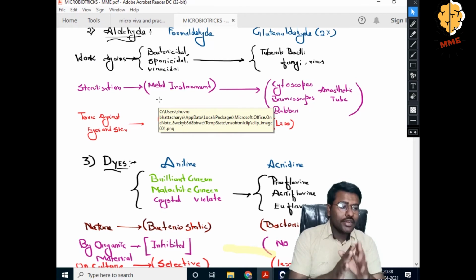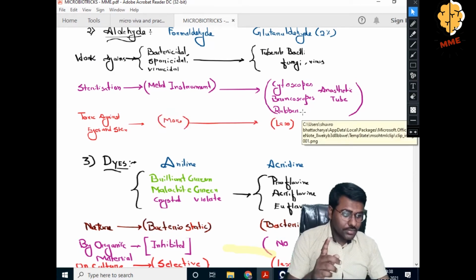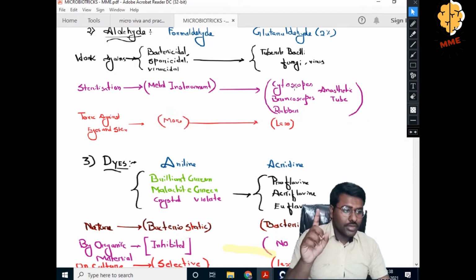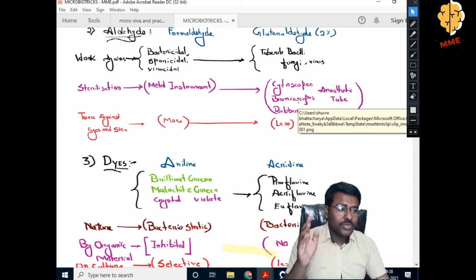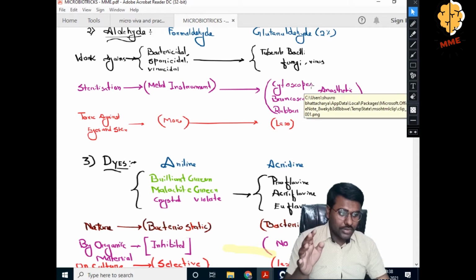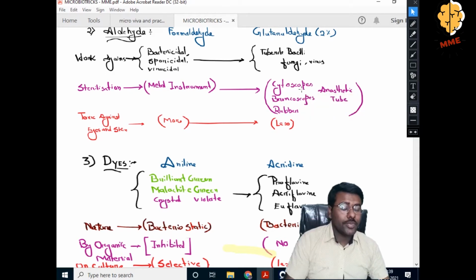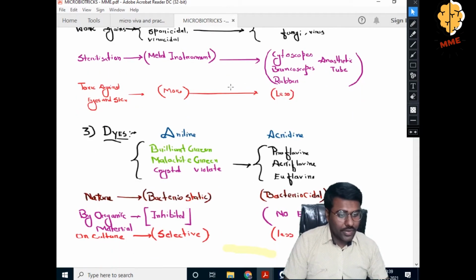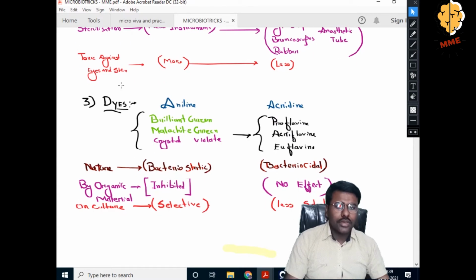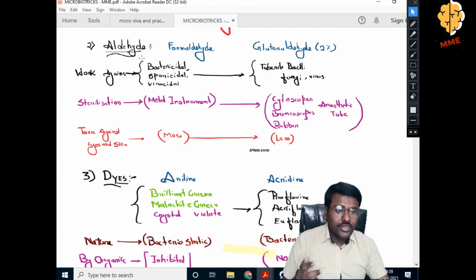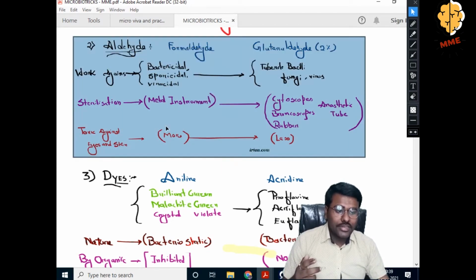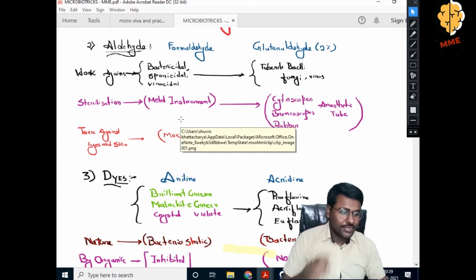Glutaldehyde is mainly used for rubber, bronchoscope, cystoscope, anesthetic tubes. These scope-type materials are mainly disinfected by glutaldehyde. Regarding toxicity in the eyes and skin, which is more toxic? Formaldehyde is more toxic to our skin and eyes.